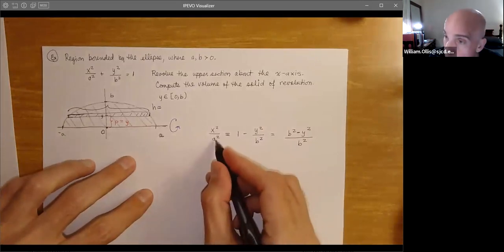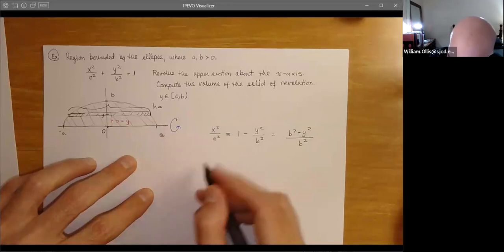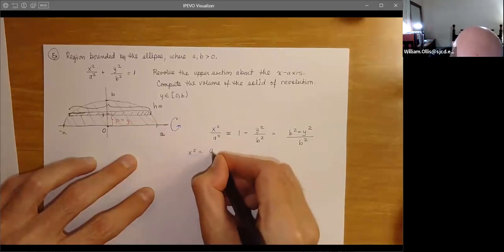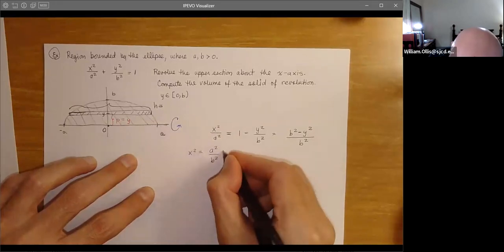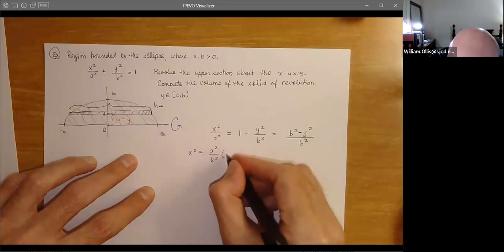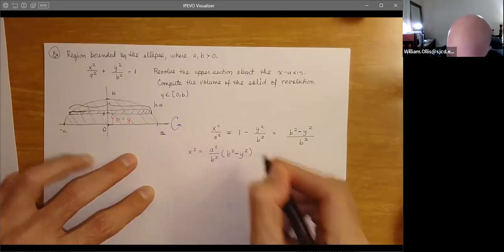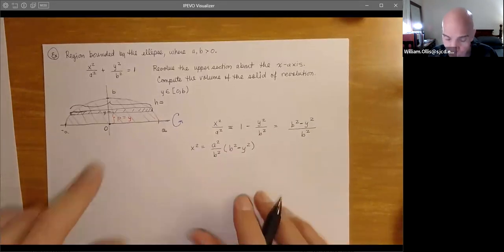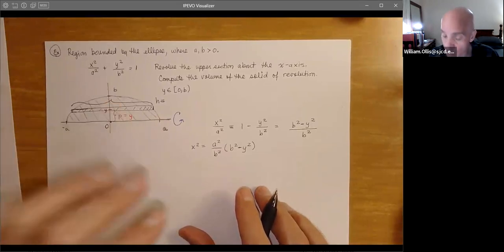And now we can multiply by the a squared and bring the b squared out to the left. So x squared will be a squared over b squared, times b squared minus y squared. So just very straightforward algebra. And now, of course, this is the square root property, but we need the upper arc. So we're going to take the positive square root.